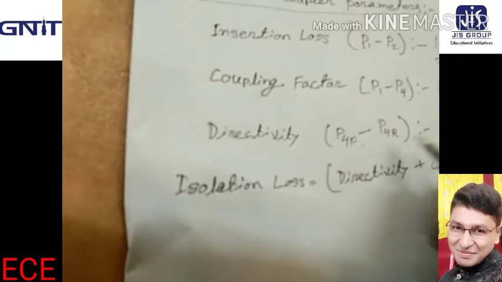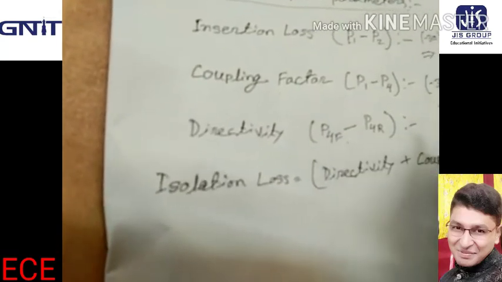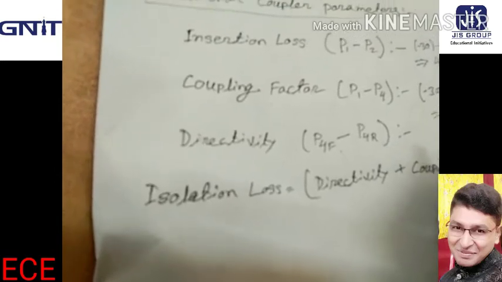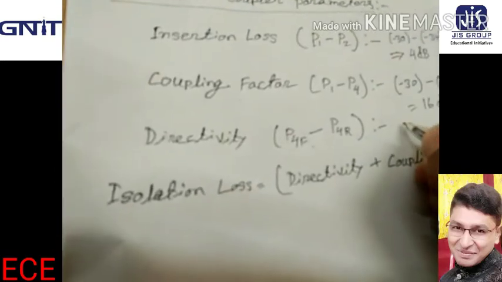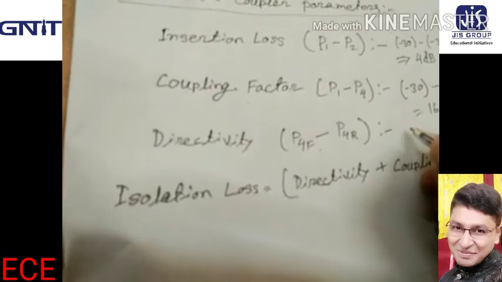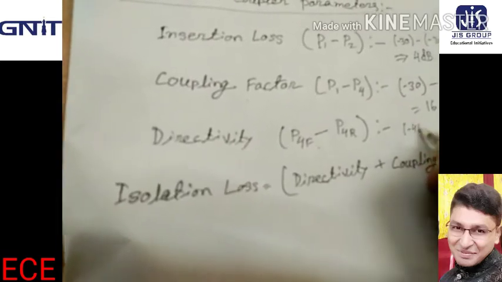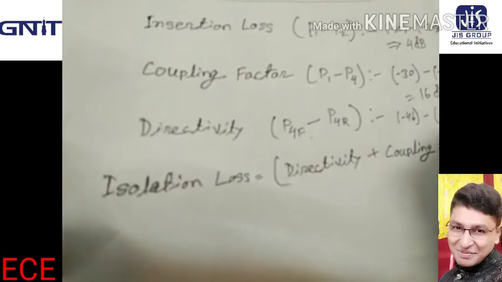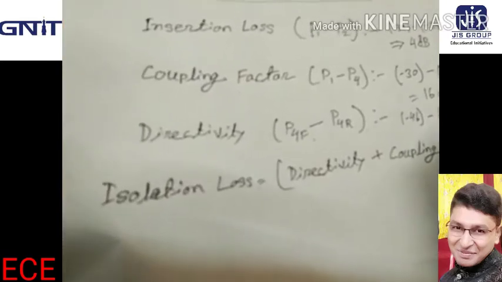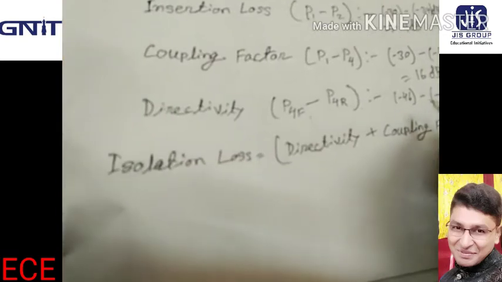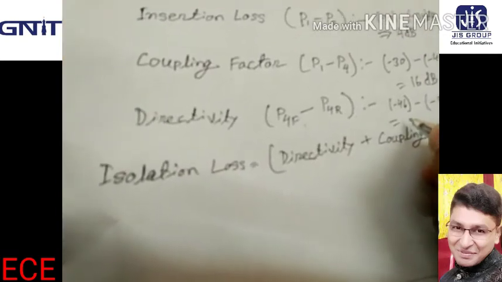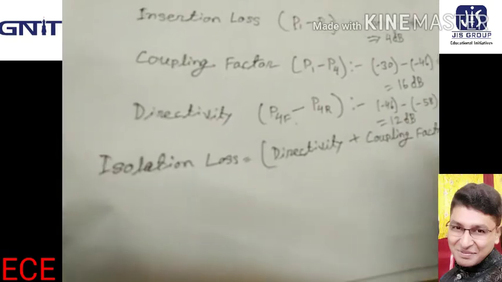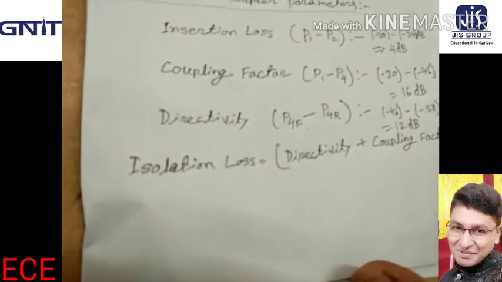Directivity is equal to P4 forward minus P4 reverse. P4 forward is minus 46, minus of minus 58, that is 12 dB.